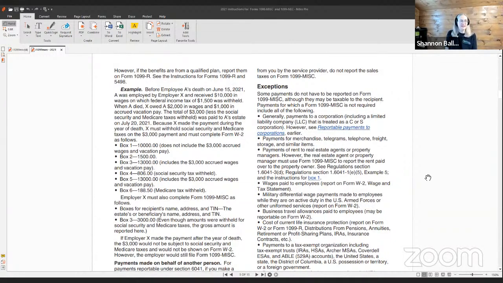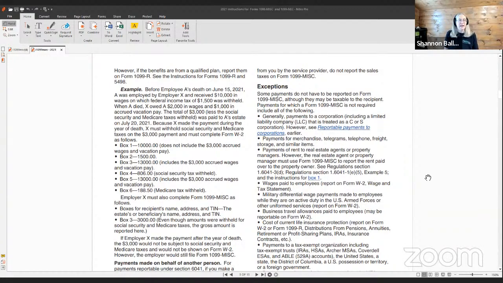Box 1 and 16, $10,000, and does not include the $3,000 of accrued wages and vacation pay not paid before death. Box 2, $1,500 of the federal income taxes withheld. Box 3, $13,000, which is the $10,000 that was paid before death and the $3,000 of accrued wages and vacation pay paid after death.